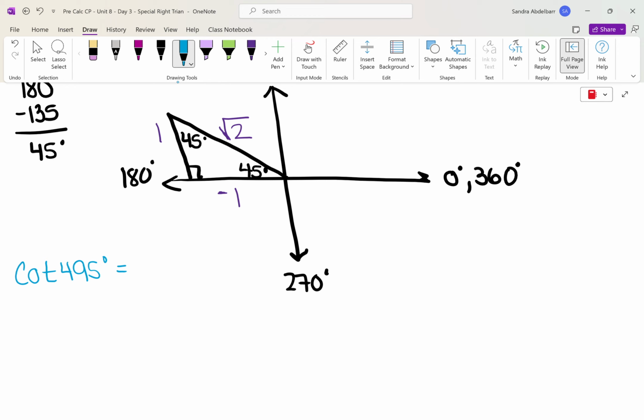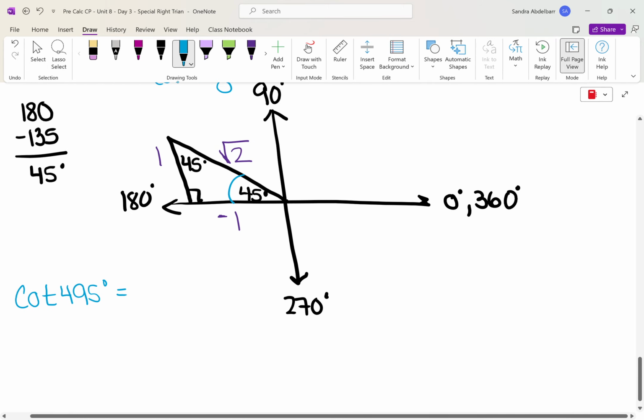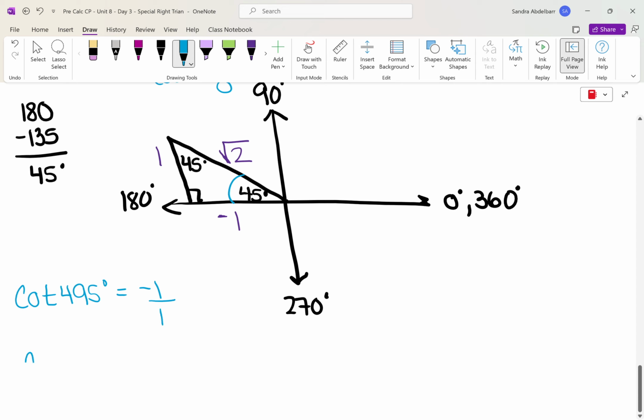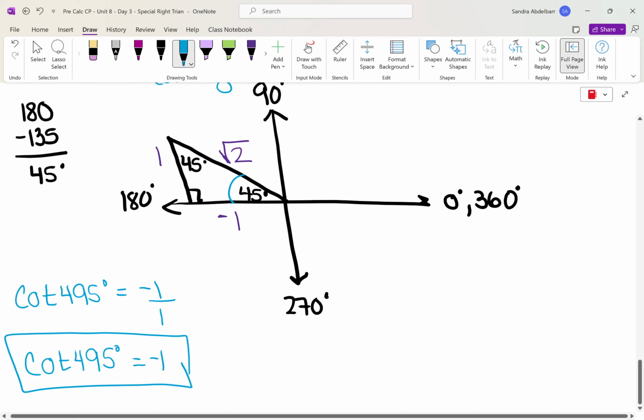So my cotangent of 495 degrees will be my adjacent, here's my reference angle, my adjacent is -1 over the opposite, which is 1. So the cotangent of 495 is just -1. All right, you guys try this next one.